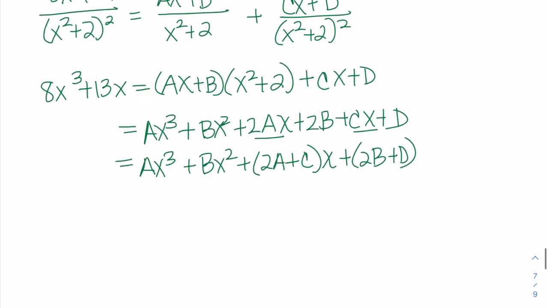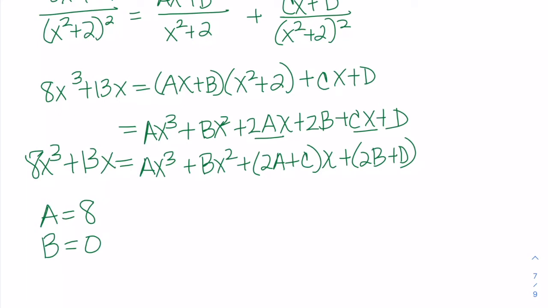So let's set these equations. The first one, I'll write it over here, we have 8x cubed. So we definitely can see right away that a equals 8. And then b will have to equal 0 because there's no x squared. 2a plus c will equal 13.